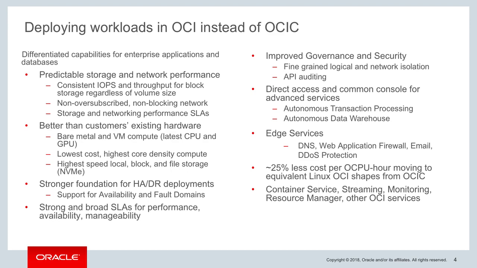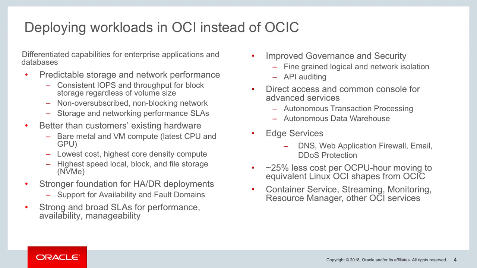The network is non-oversubscribed and non-blocking, and we provide SLAs for storage and networking performance. We offer bare metal shapes and virtual machine shapes in various configurations, and it also includes the latest CPU and GPU shapes.